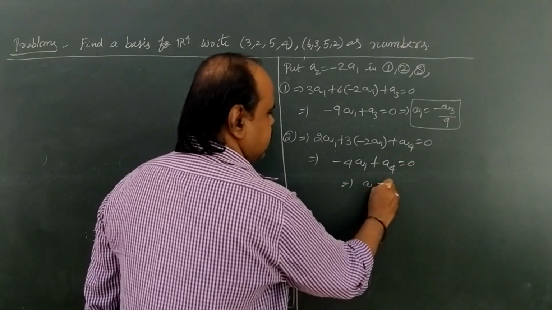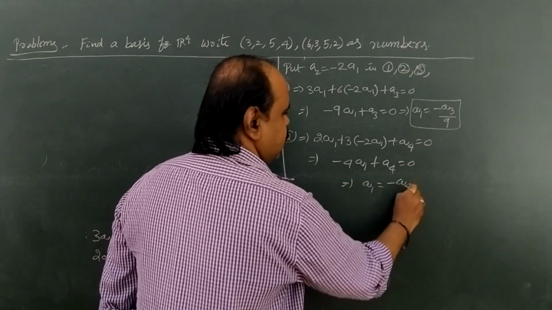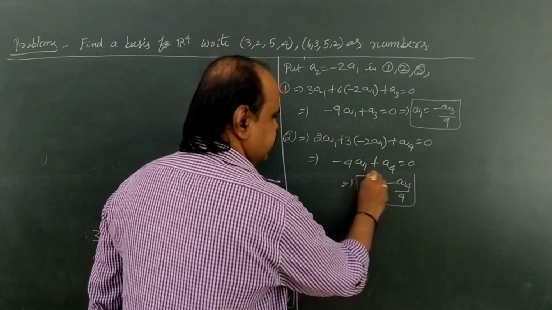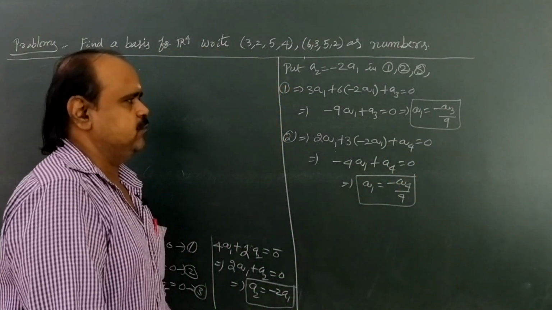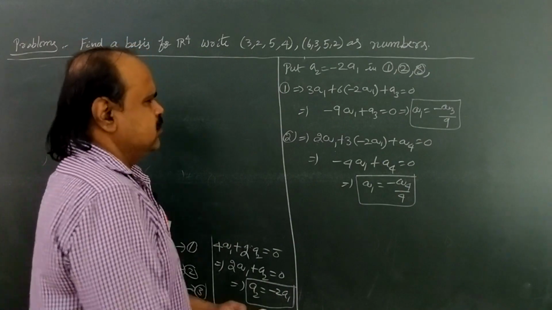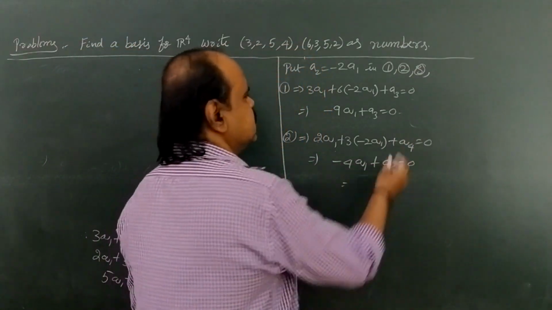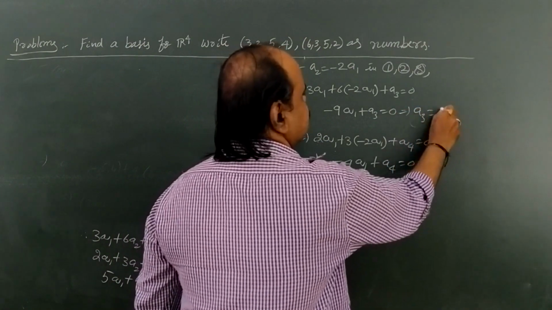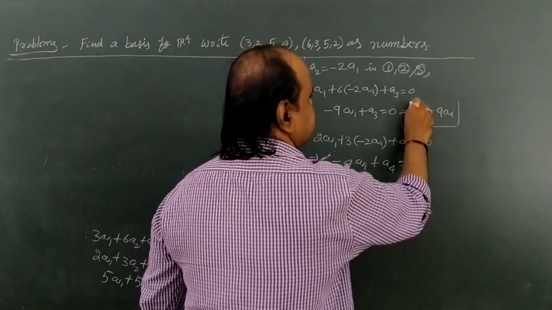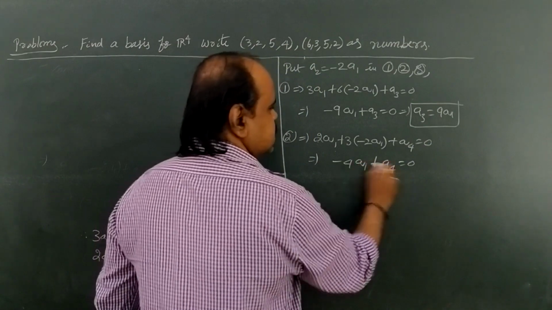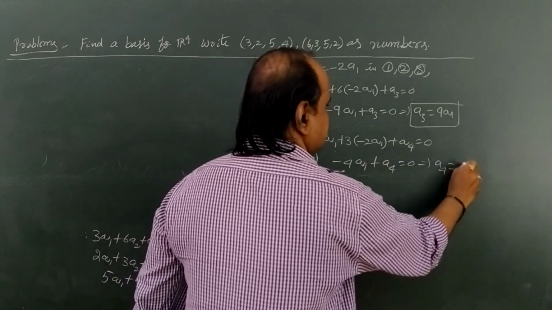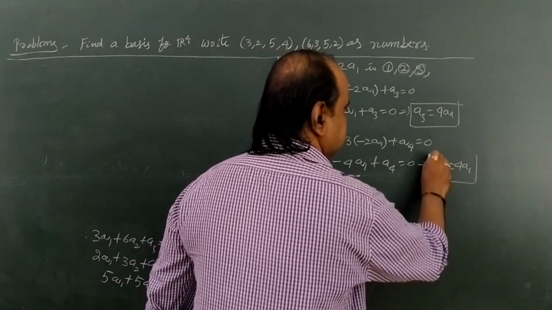From this a1 equal to minus a4 by 4. We need to write these values directly: a3 equal to 9a1, and a4 equal to 4a1.